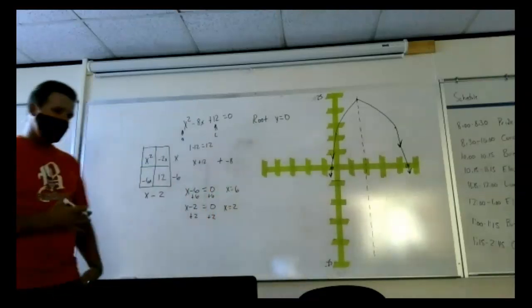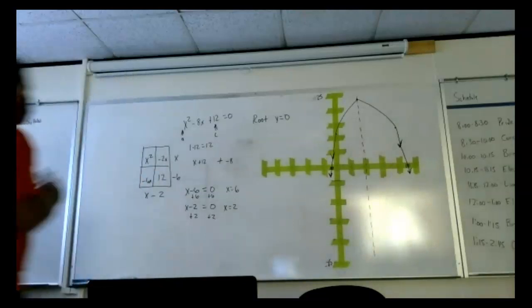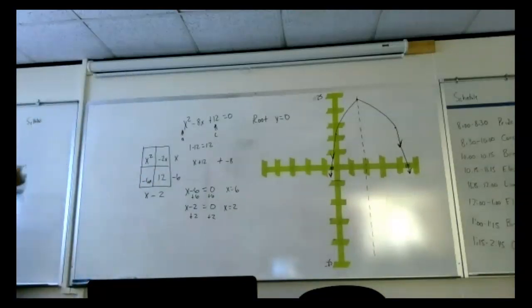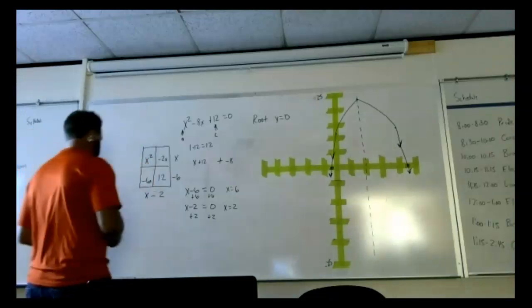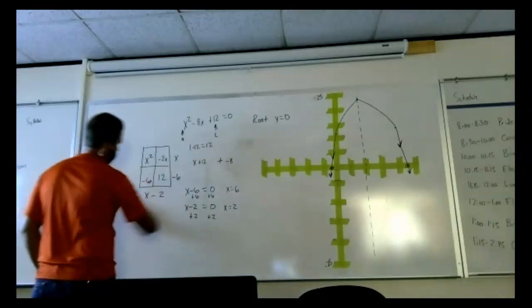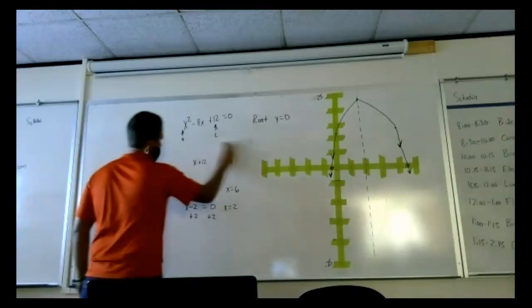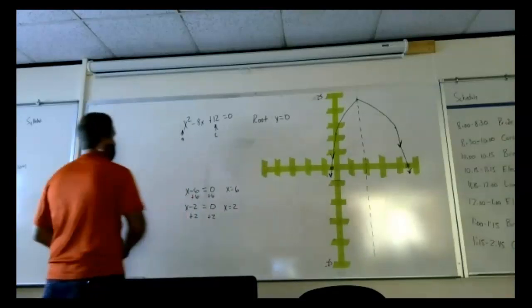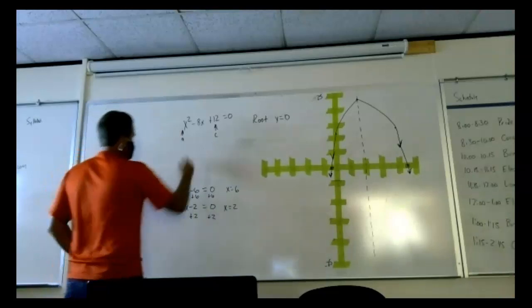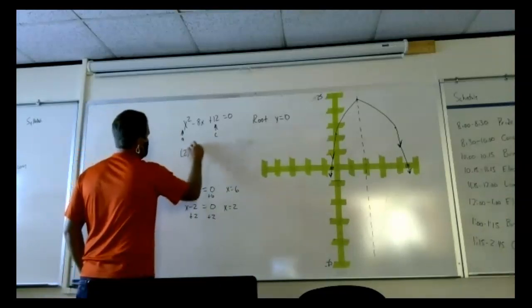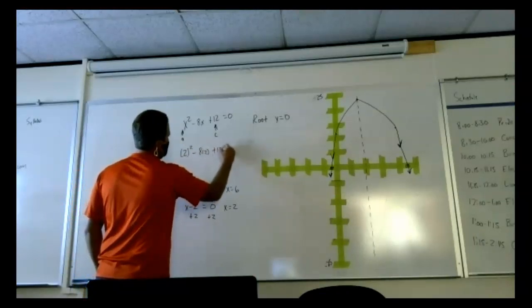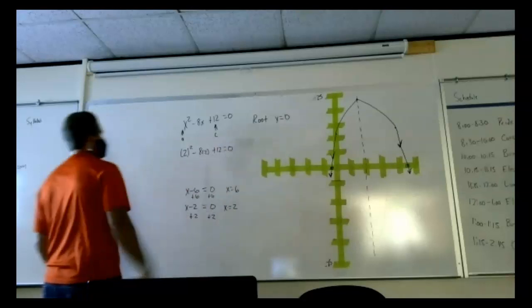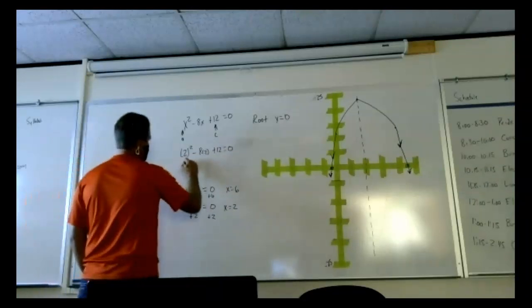So what this is saying is that when I plug in the x value 6, I should get a y value of 0. And when I plug in the x value of 2, I should also get a y value equal to 0. So we're going to prove that just by plugging it in. Starting with 2 because it's easier, 2 squared minus 8 times 2 plus 12 is equal to 0. 2 squared is 4.